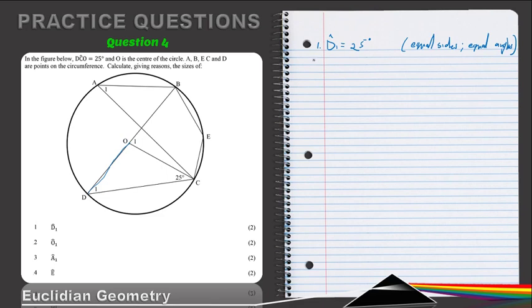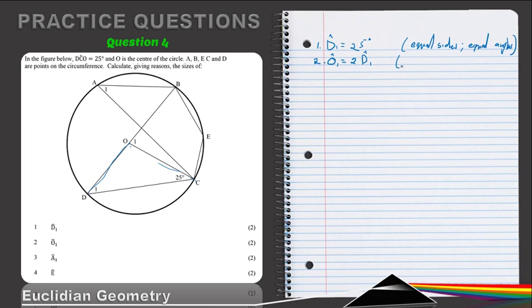Then for 2, O1, now this isn't so obvious to see, but this O1 is subtended to the center of the circle, and then it's also subtended to D. So therefore, angle O1 is equal to 2 times angle D1.